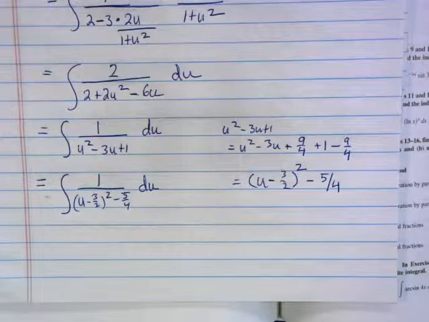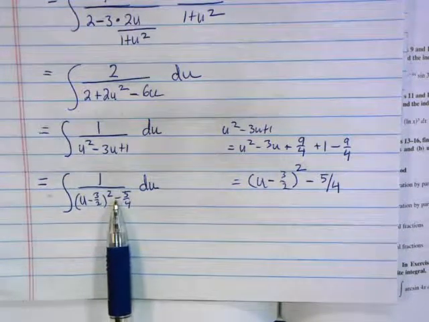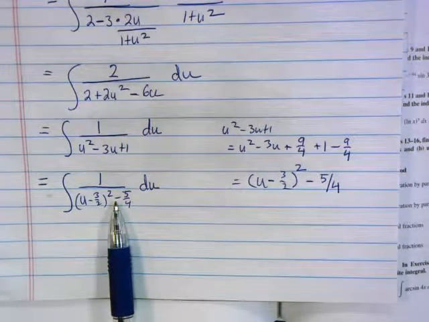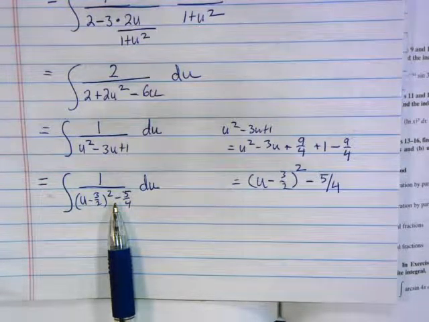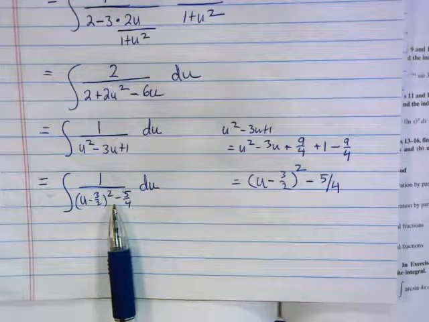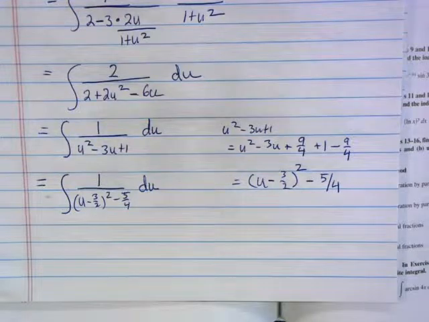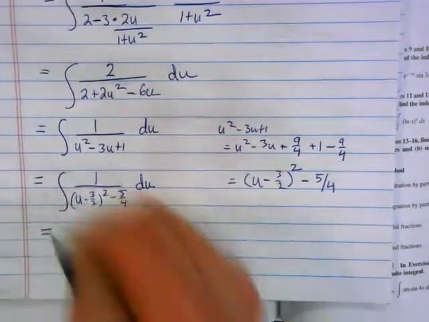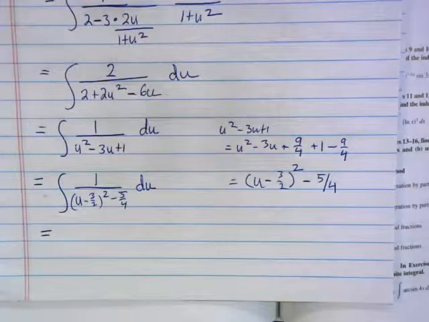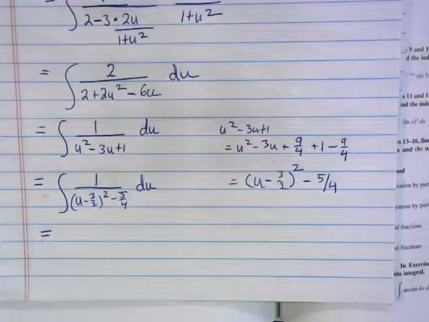Arc cotangent, very close. Arc cotangent would have a plus in the middle. Arctan would also have a plus in the middle. Arc hyperbolic tangent. That's awful. But remember what we did with that: we didn't write it in terms of inverse hyperbolic tangent. We wrote it in terms of its ln form.